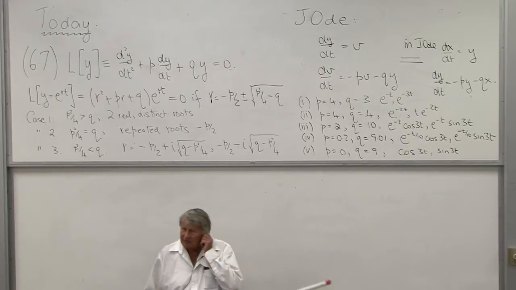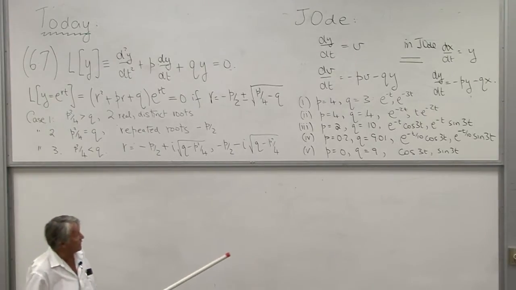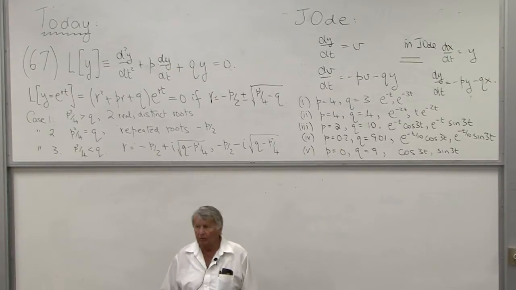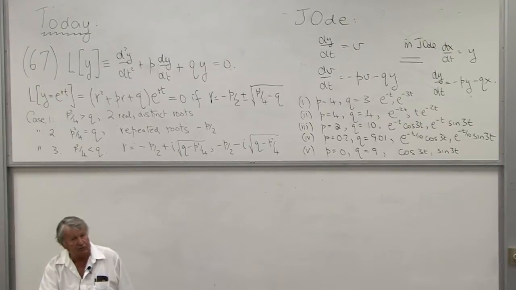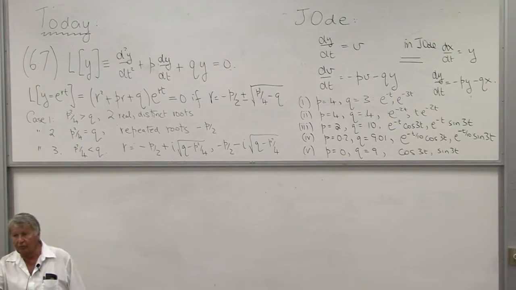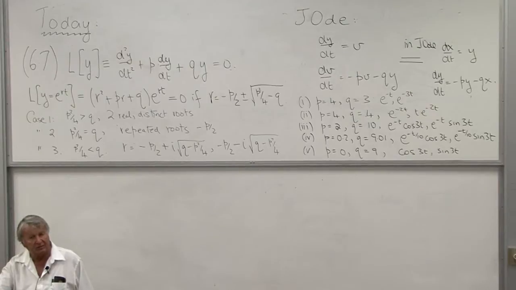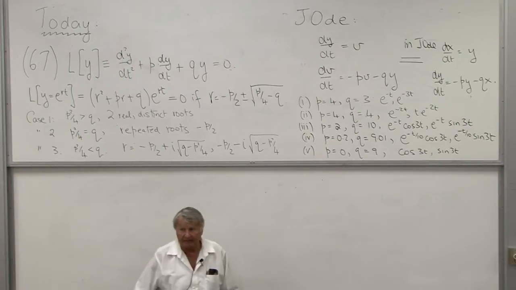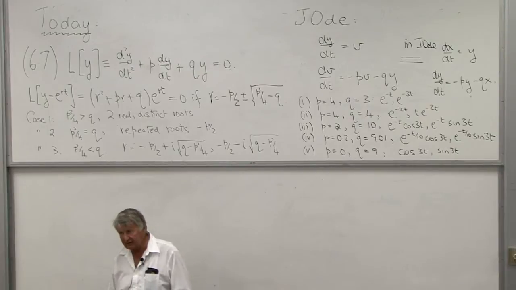Now what's going to be more interesting in the applications is when this p, this is the damping, if you remember. When we were looking at the spring, we had m times d2x by dt squared equal to the sum of the forces. One of the forces was friction, proportional to the velocity. We call it minus b dx by dt. So this term really is the damping. Or in the LRC circuit, it's the resistance in the circuit.